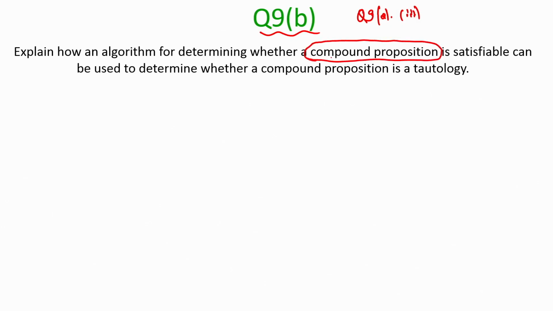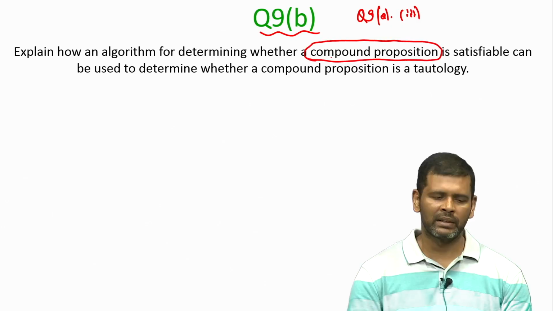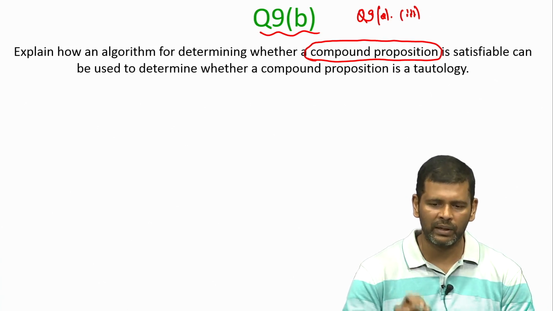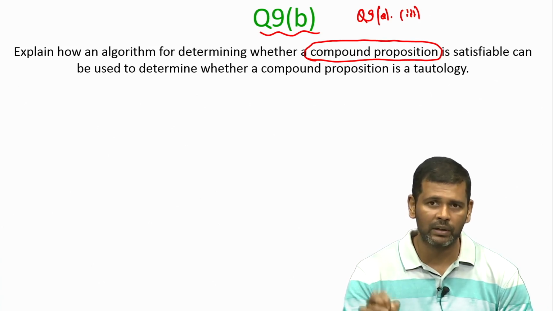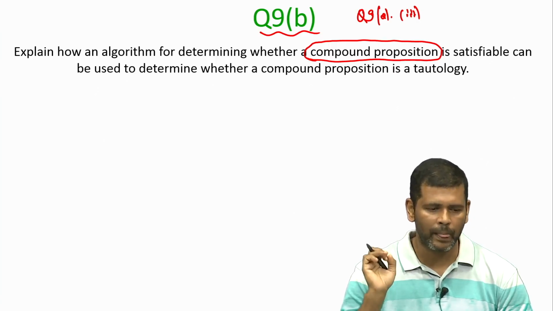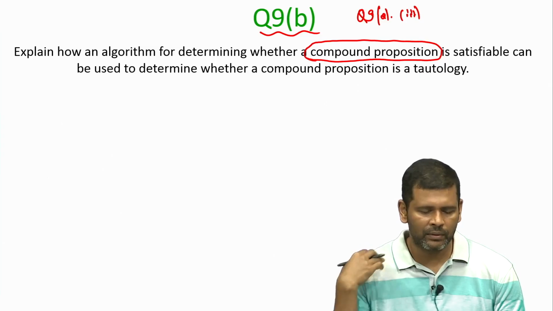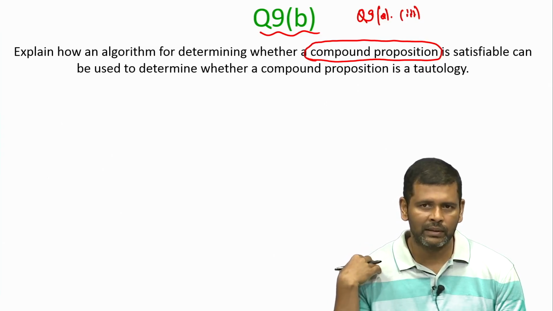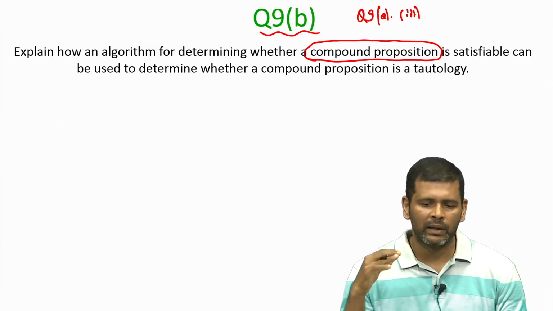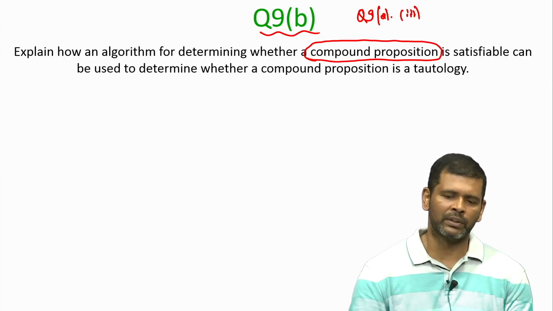You do not have to worry about the details of that algorithm. Imagine that is a box given to you. You feed some compound proposition to that box and it gives you a yes or no answer. Now, using that box, you have to come up with another algorithm which should tell you whether any input that you feed to that algorithm is a tautology or not.